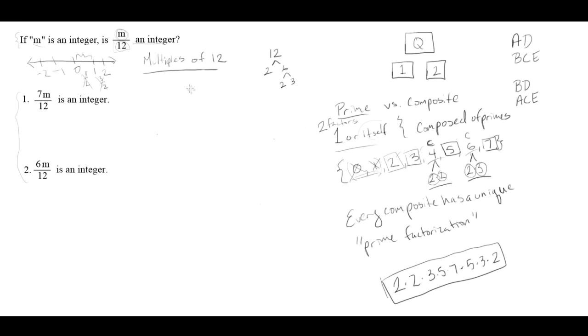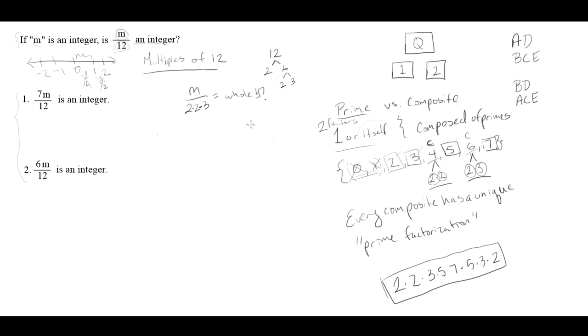So what the question is really asking us is m over 2 times 2 times 3. Does this division give me a whole number? Well, when would this division give me a whole number?